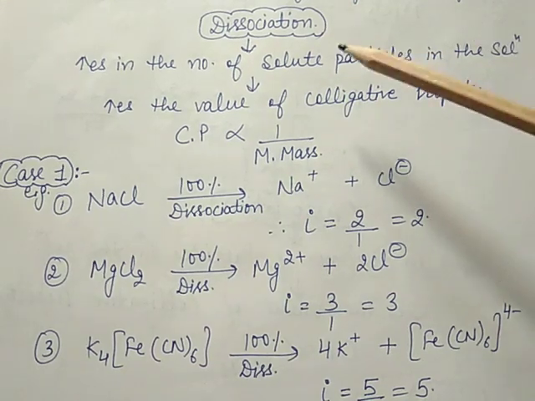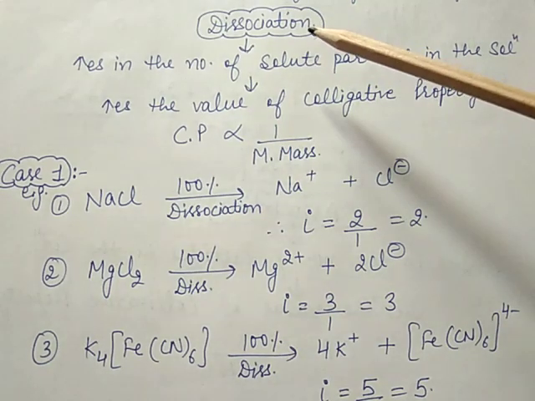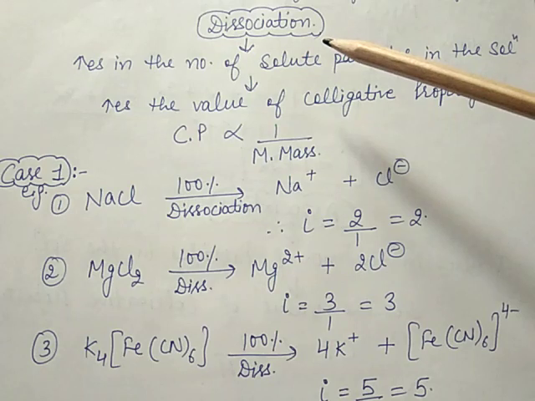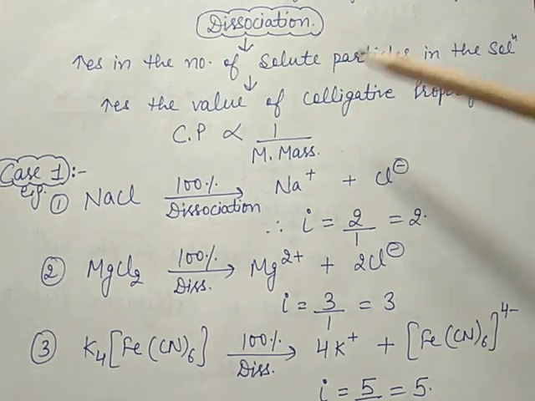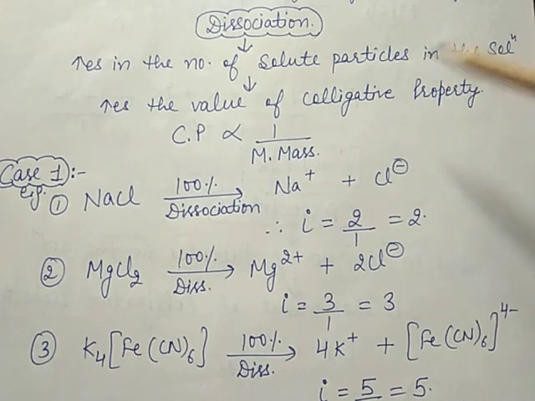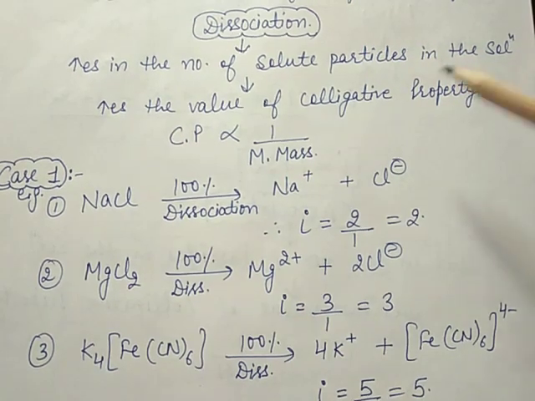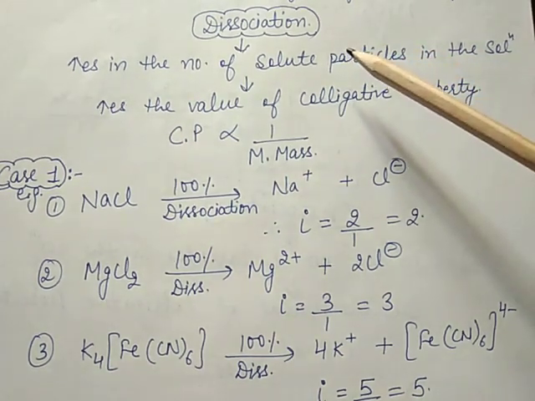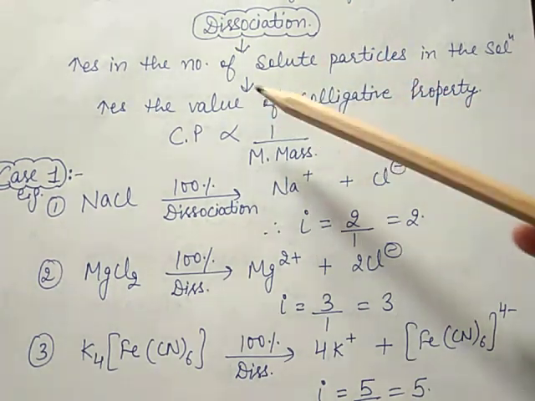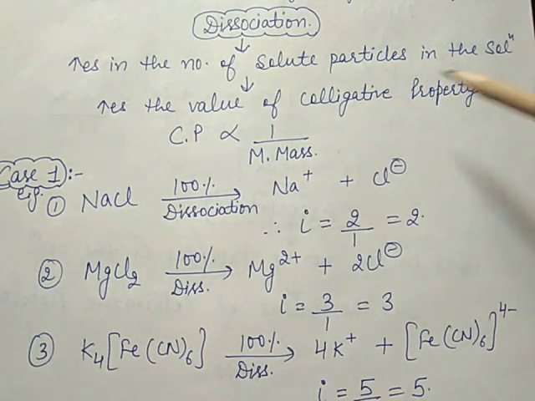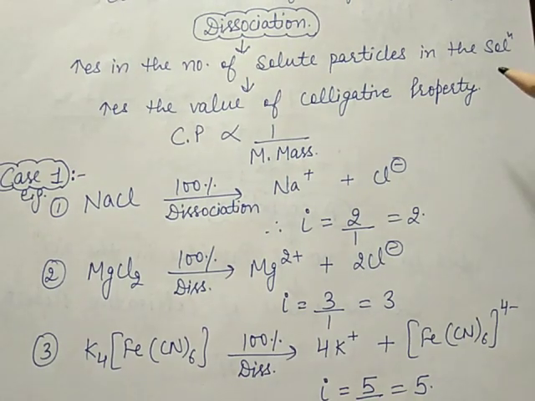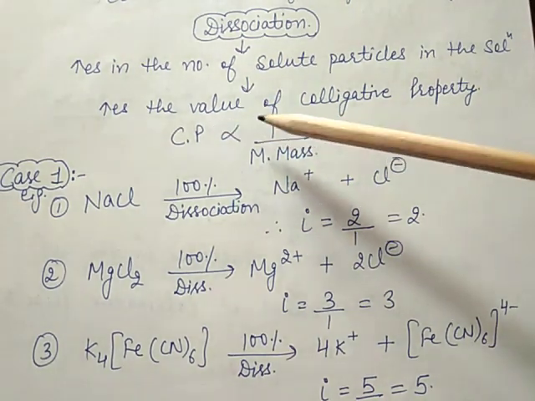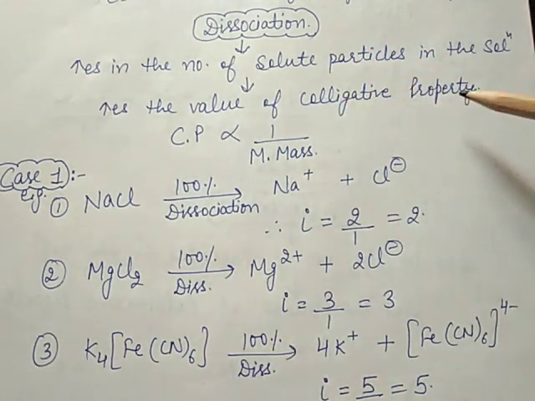Now first of all I will discuss dissociation. Dissociation means break down into ions. Dissociation means to increase the number of solute particles in the solution, which leads to increase the value of colligative property.